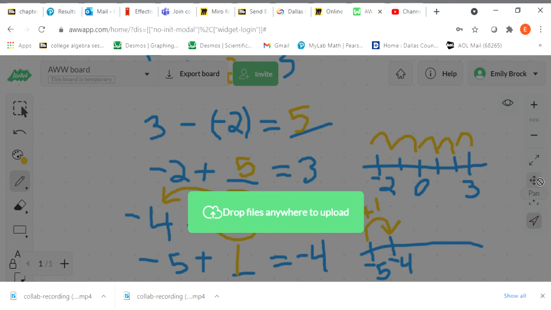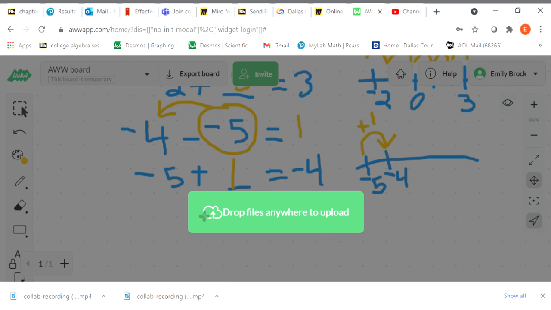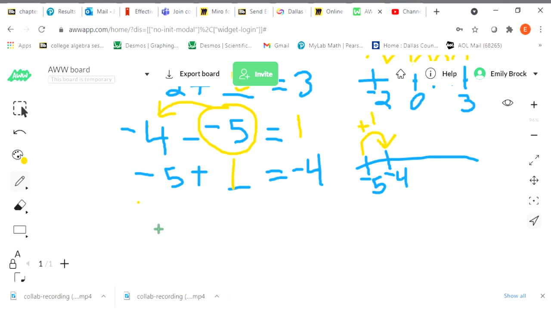Let me just generalize it, I guess. If I have A minus B equals something, for finding the missing addend, I will say, if I start at B, what would I add to B to get to A?